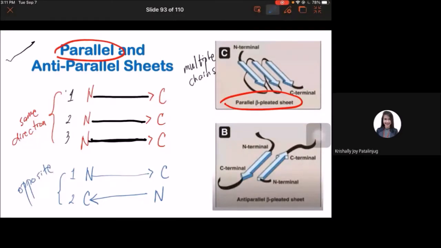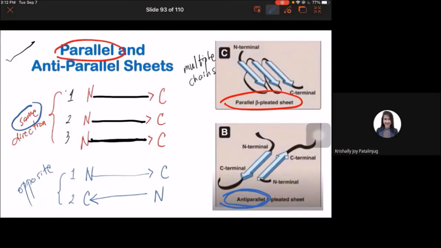So ang tawag naman dito is anti-parallel beta pleated sheet. It has something to do with the location of the N and C terminus. Kung same direction, parallel. Kung opposite direction, anti-parallel.